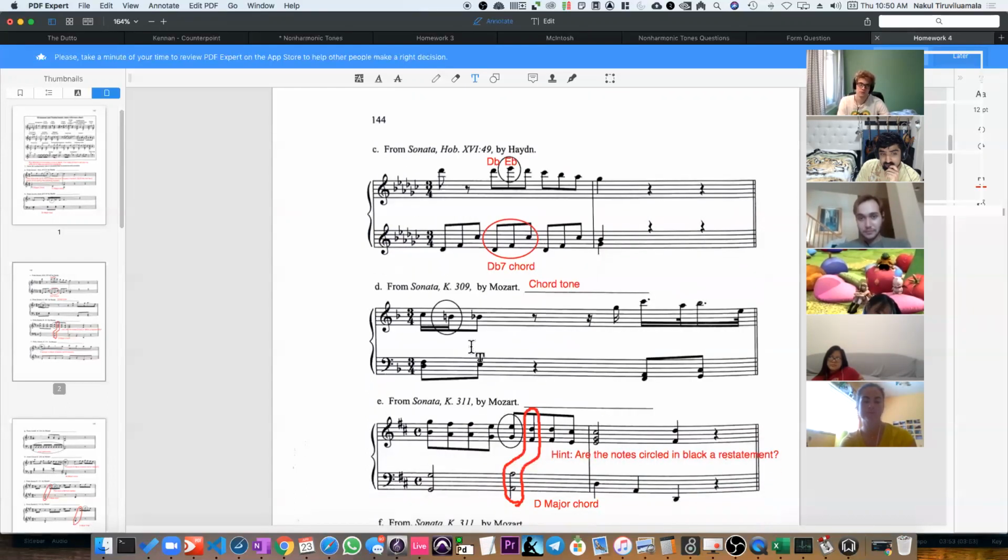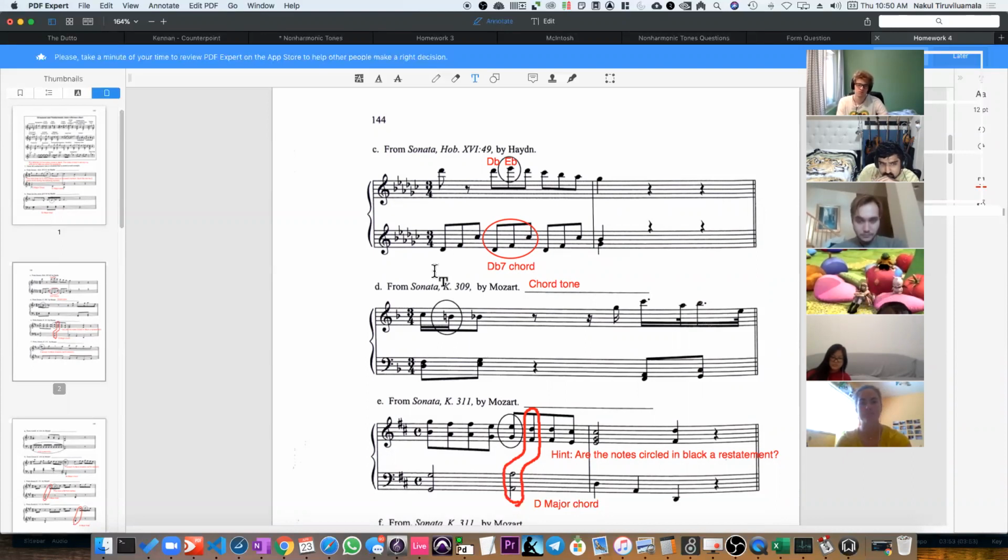Incidentally, I disagreed with this. This is one of my first losses of faith in the author right here. Because I feel as though this right here is the chord tone. They wanted you to treat this as a chromatic passing tone. But I felt like in the context of what we're doing, it's not this chord progression. I guess it could be. I think in the context of this, it's arguable.